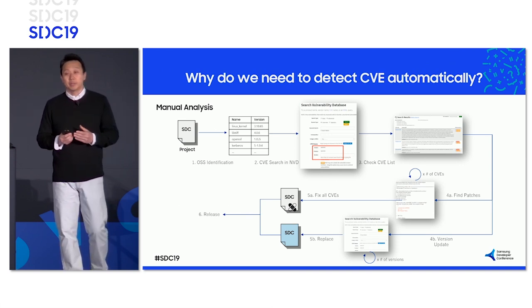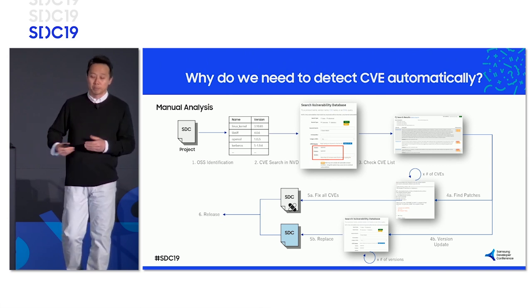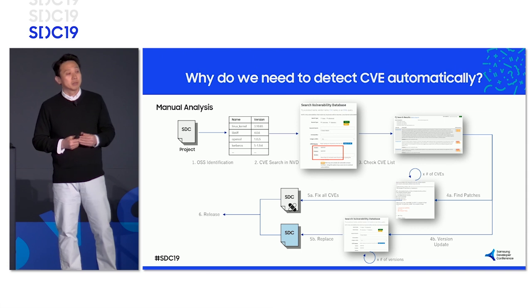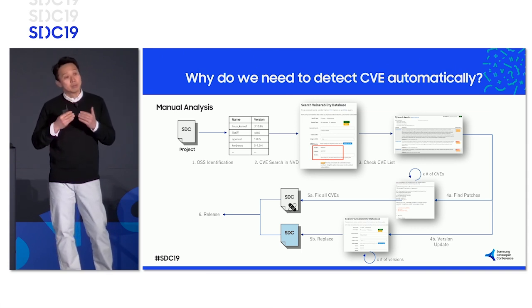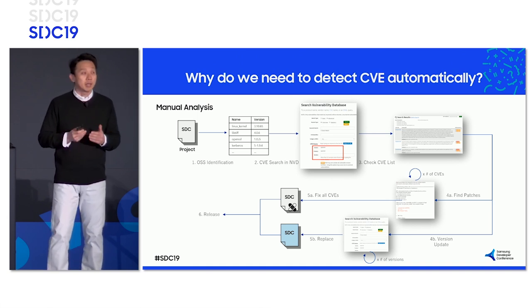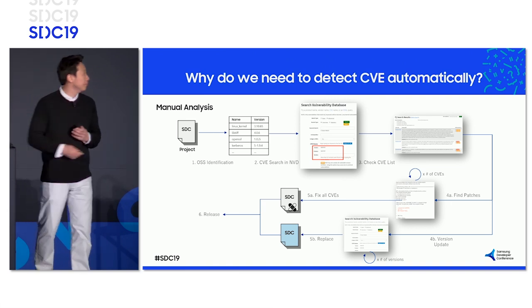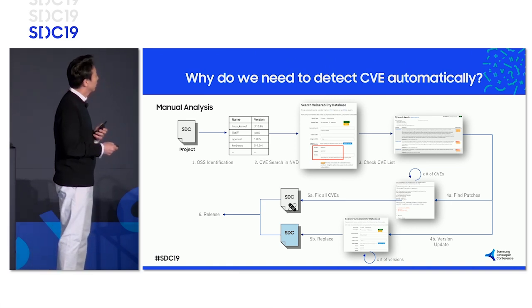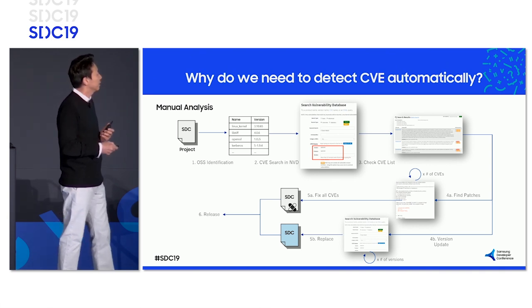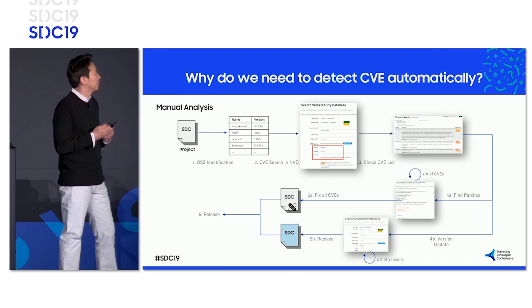This is actually the detect and fix flow for CVE in manual. In most cases, the developer summarizes the open source list they are using, and then they search the CVE list in NVD and find how to get the patch information about their detected CVE.